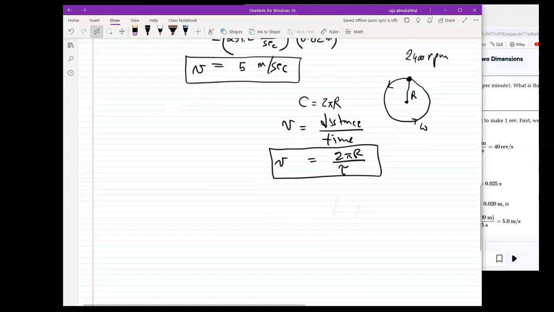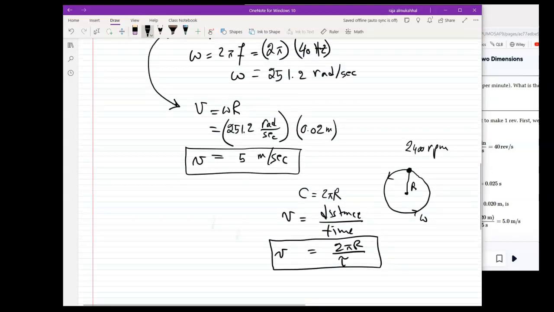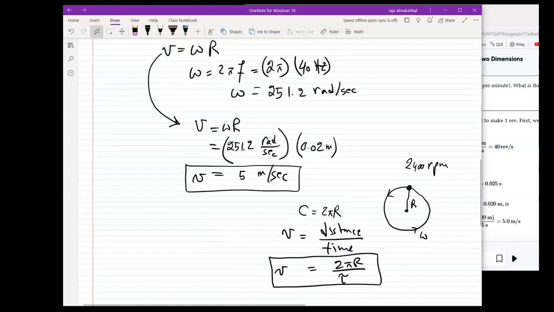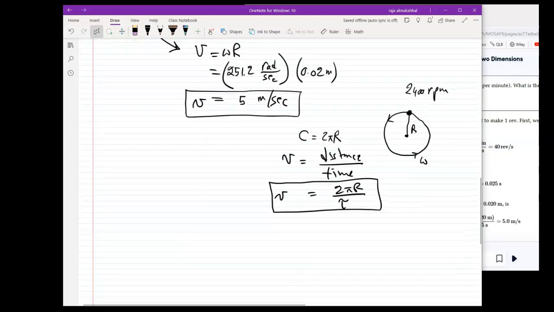Let me show you how that would work. I am given the RPM level, which he said is 2,400, and we converted it into the proper unit, hertz, so I have 40. What I want to do is get tau. So how do I get tau?